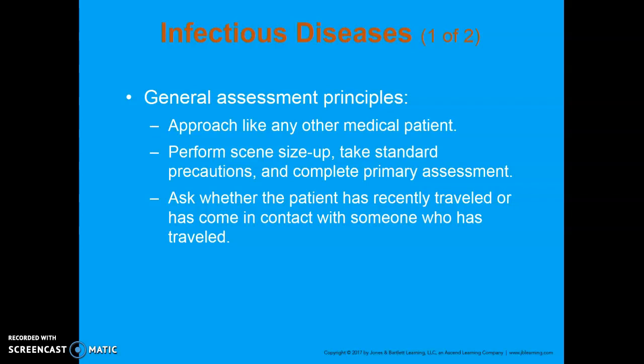You then want to go ahead and ask your SAMPLE questions, get a set of baseline vital signs, and pay particular attention to any medications as well as the events leading up to the problem. You want to ask if someone's recently traveled, come in contact with someone that's traveled, have they been around anybody that is exhibiting similar signs.